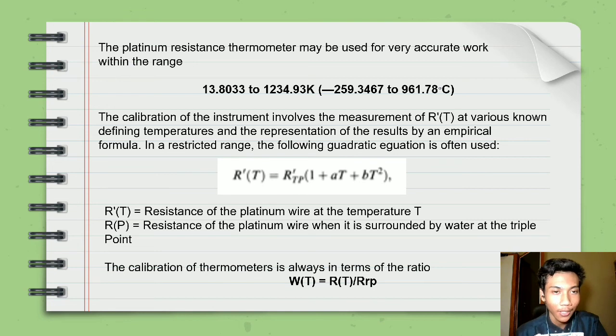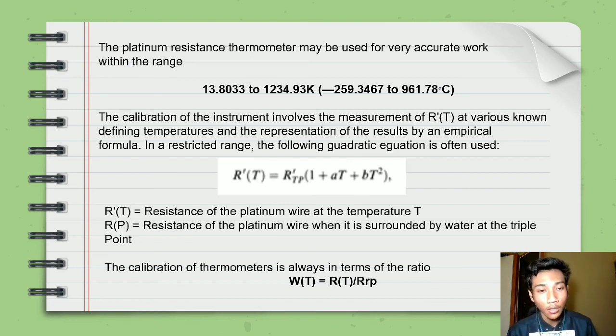In a restricted range, the following quadratic equation is often used: R_T equals R_TP times the bracket 1 plus A T plus B T squared. Here R_T means the resistance of the platinum wire at the temperature T, and R_TP means the resistance of the platinum wire when it is surrounded by water at the triple point.